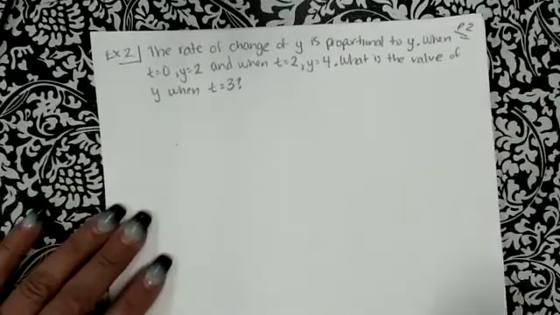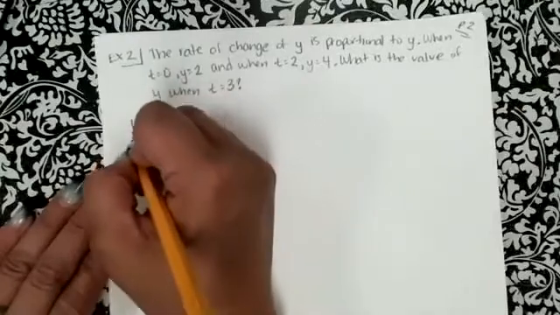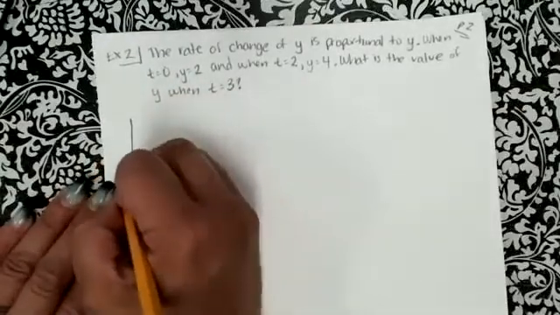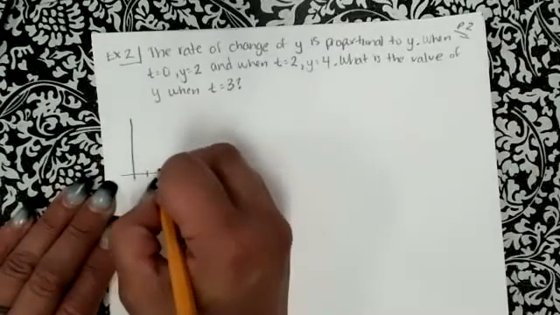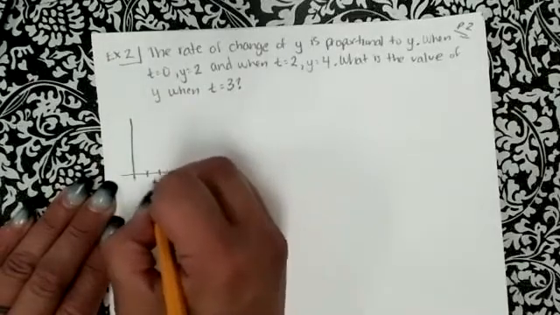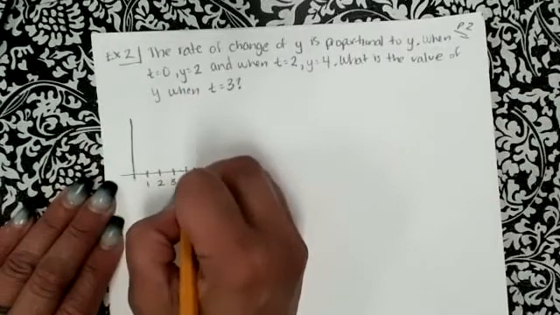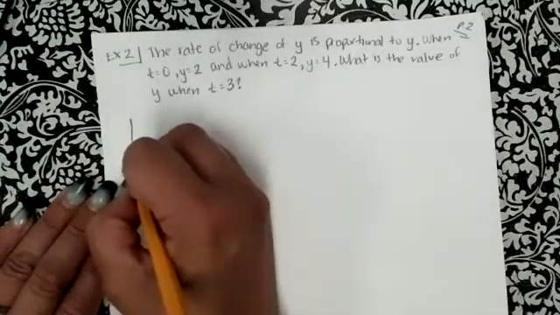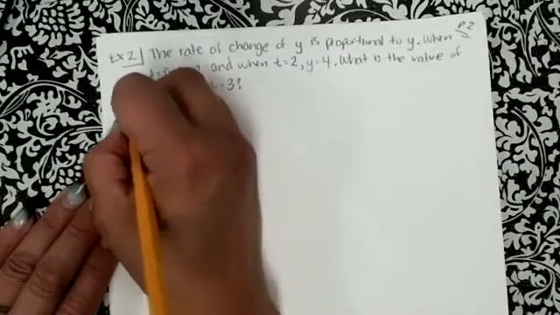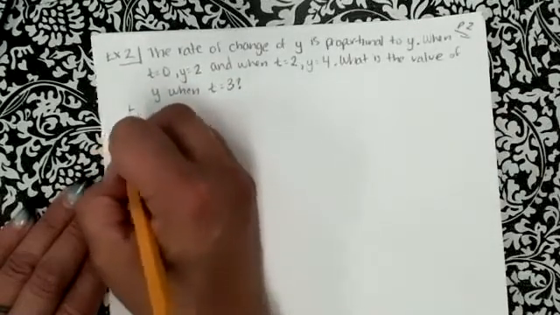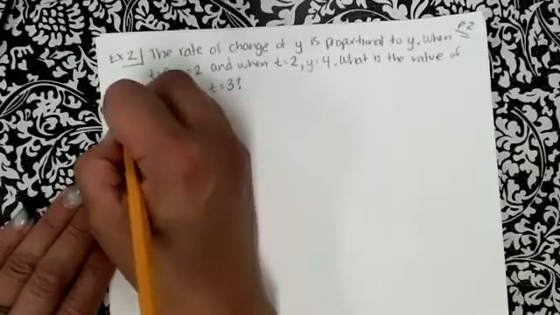I'm going to just sketch this. T is going to be the x-axis: 1, 2, 3, 4, up to 7.